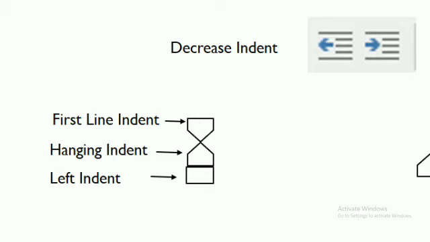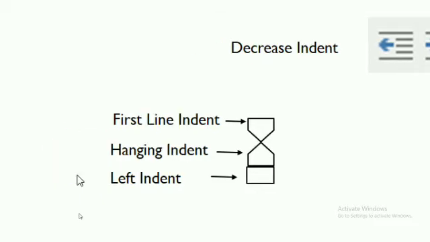First line indent is used to set the starting point of the first line of a paragraph. And next, to set an indent, first we need to open the paragraph dialog box and type the value of the left and right indent under indentation. So this is your left indent.